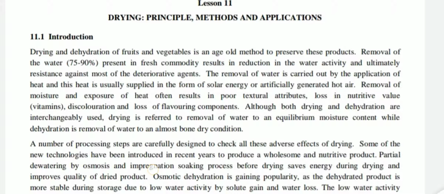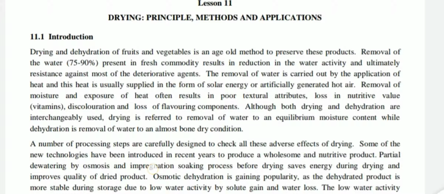Now, drying is the simple removal of water to an equilibrium moisture content. Now, what is the equilibrium moisture content? We know that everything that is live, that does respire, tends to make equilibrium with its environment.